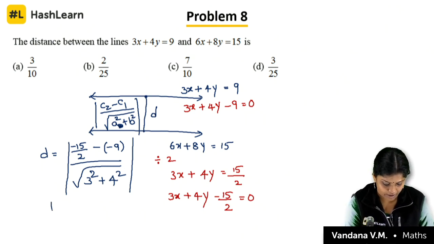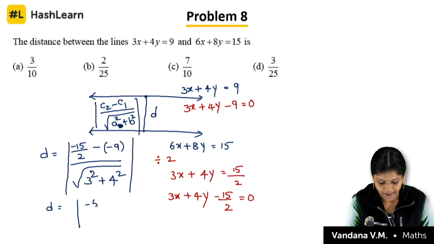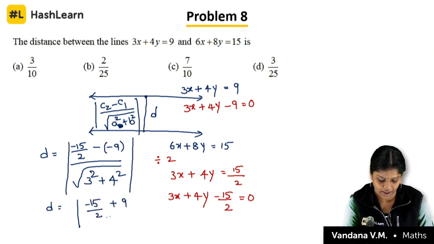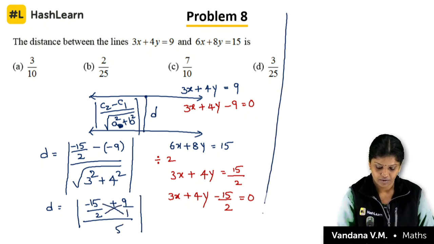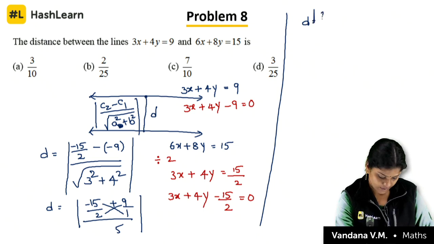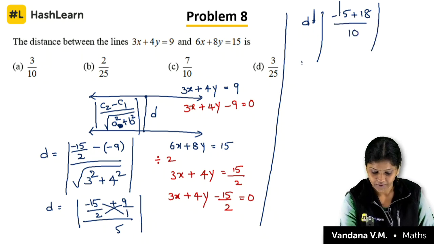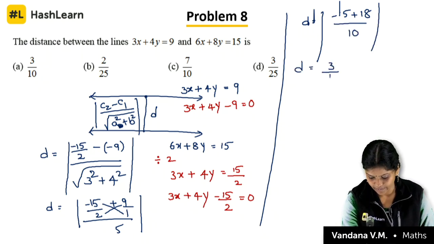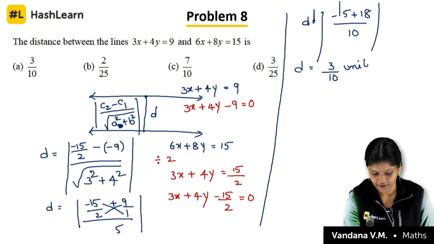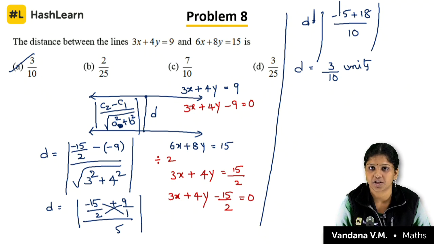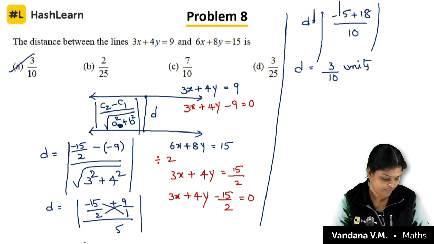Okay, now D is equal to minus 15 by 2 minus into minus plus 9 by 5. Take the LCM. D is equal to minus 15 plus 18 by 10. D is 3 by 10 units. So, which option is correct? Option A is correct. Clear, children? Yes. Next one.